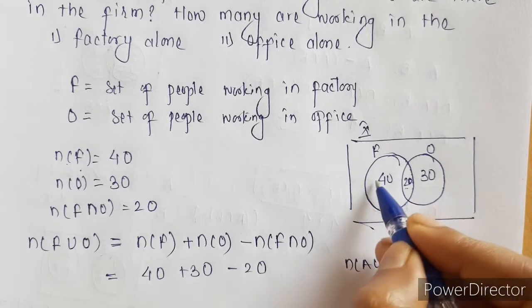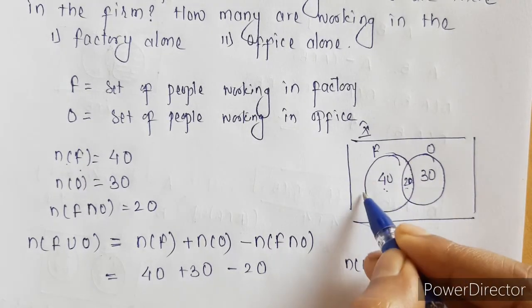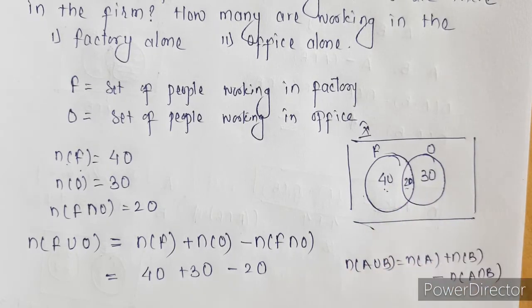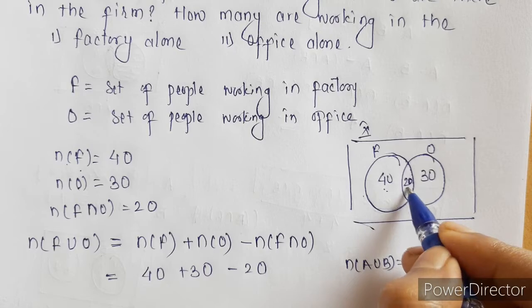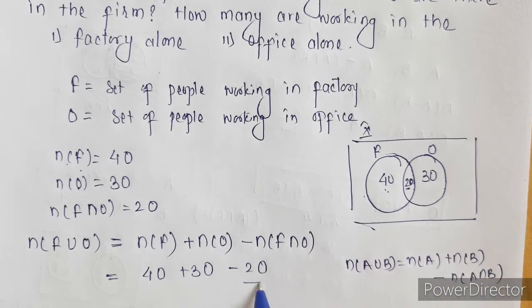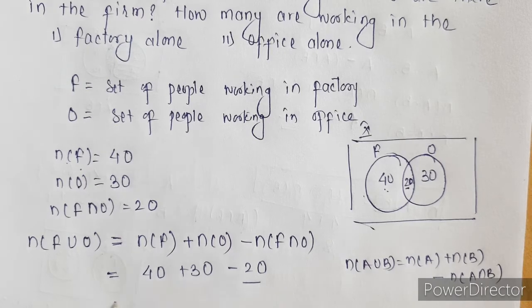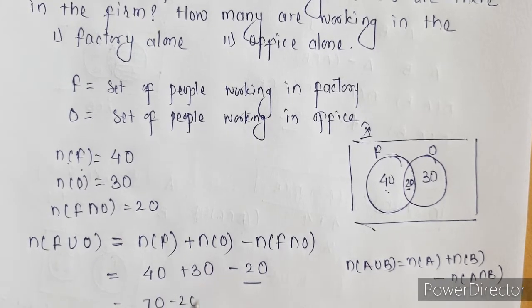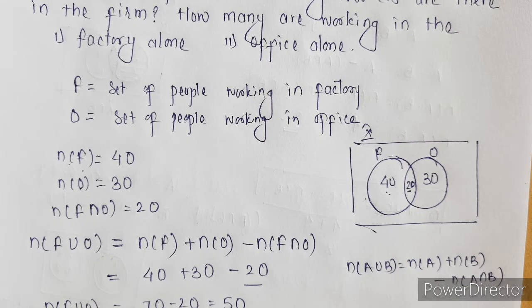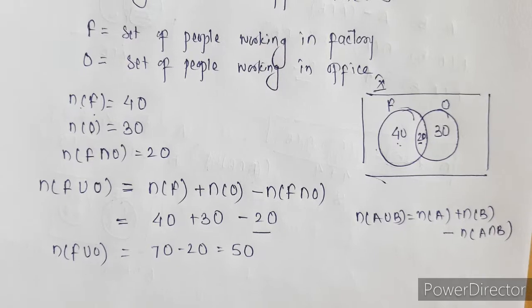Whenever we calculated this 40, we included these 20 people, and again we are counting them in the office. So we are taking these 20 people into consideration twice, and we have to subtract it once. So we have 70 minus 20, that is 50. So there are total 50 people working in factory and office, or we can say there are total 50 people working in the firm.